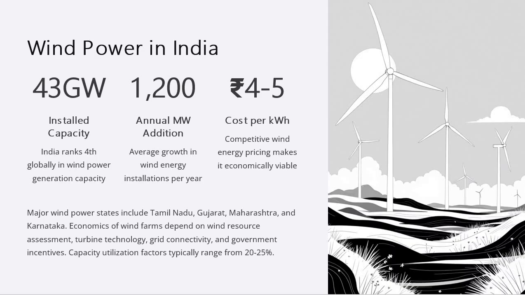Major wind states in India, Tamil Nadu, Gujarat, Maharashtra and Karnataka, produce most of the wind power. The economics of a wind farm depend upon wind resource assessment, turbine technology, grid connectivity and government incentives. Capacity utilization factor typically ranges from 20 to 25%.